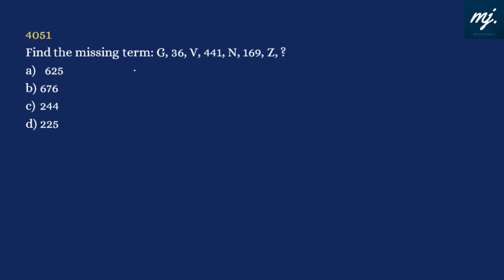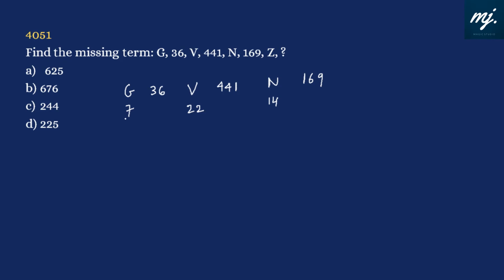One more, find the missing term. G is the 7th one, and we have 36. V is 22nd, and we have 441. N is 14th, and we have 169.